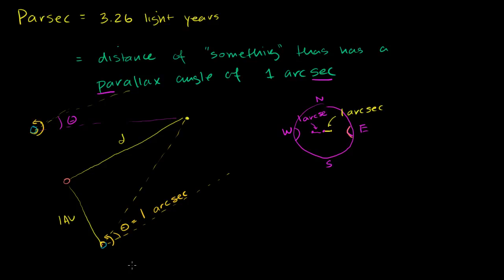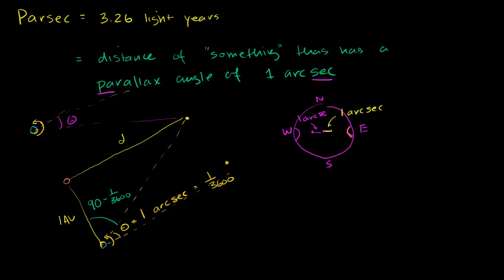So let's figure out how far this object is. What is an actual parsec in terms of astronomical units or light years? So if this is 1 arc second, and remember, 1 arc second is equal to 1/3600th of a degree, this angle right over here is going to be 90 minus 1/3600.